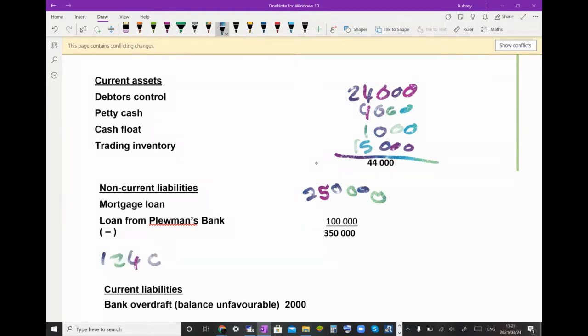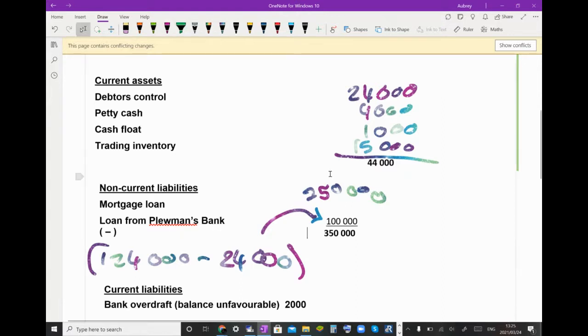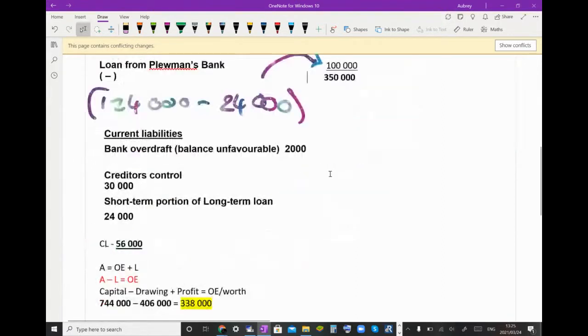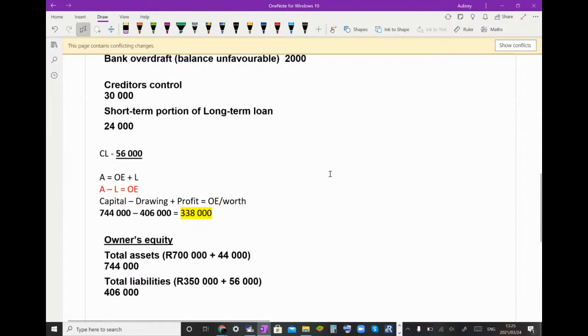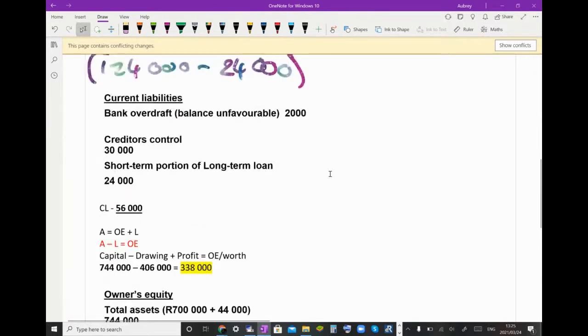So 124 minus 24, which is redeemable. Okay, and that's how we then arrived at the 100. Okay. All right, and then obviously we add those two together and then we get our total liabilities. Then obviously moving on to our current liabilities, we had the bank overdraft, which was 2,000.